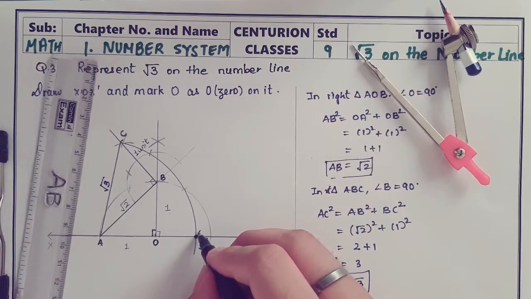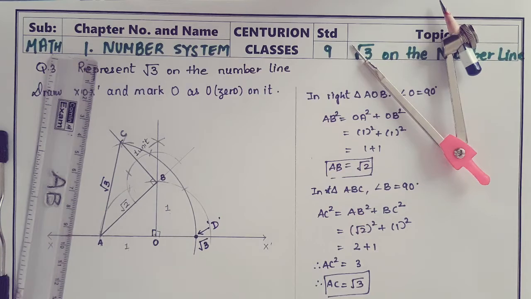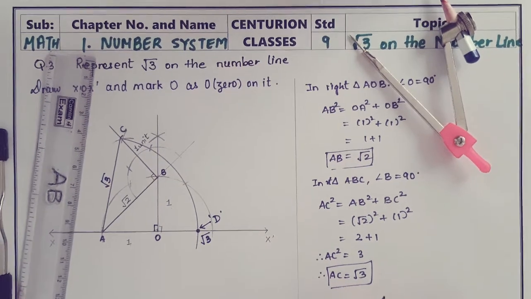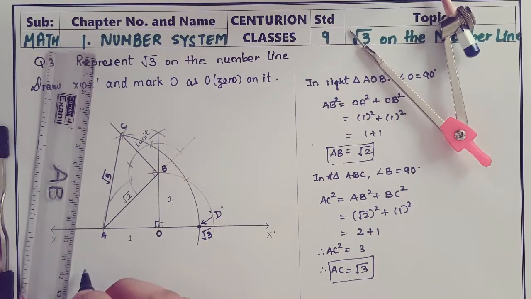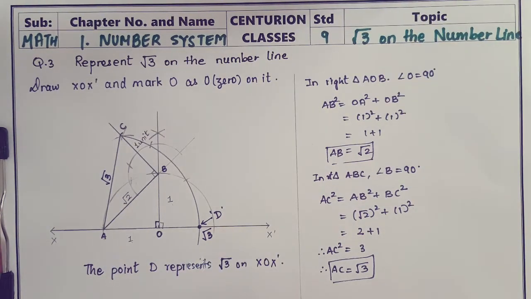Let this point be D. So we can write like this: the point D represents root 3 on this line. I hope you have understood this sum.